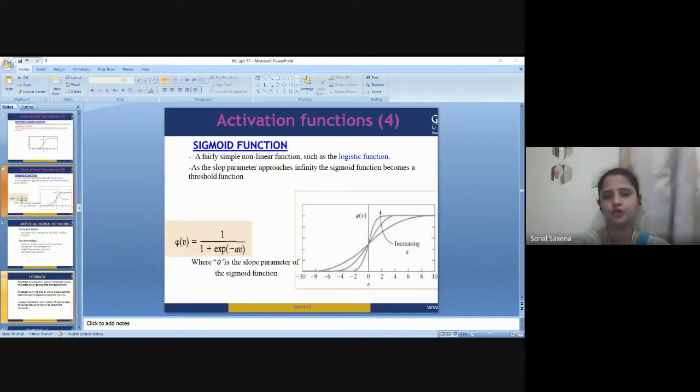Now, how do we choose the right activation function? This is an important and major concept. So let us just talk about this.